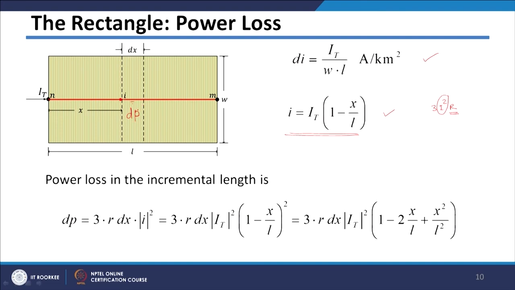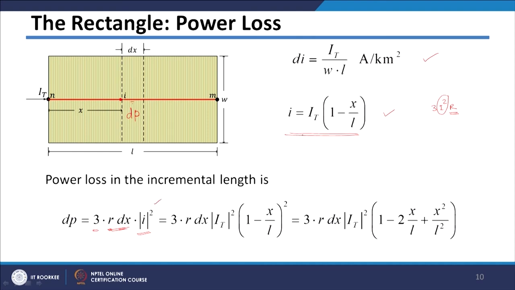It will be 3 into the resistance of the strip, which is the per unit resistance multiplied by distance dx. So, this gives me the total resistance of the strip, and the current entering into the strip, we have seen, is I. So, I square. So, it is 3 into r dx into I square, which is the power loss happening in the strip.